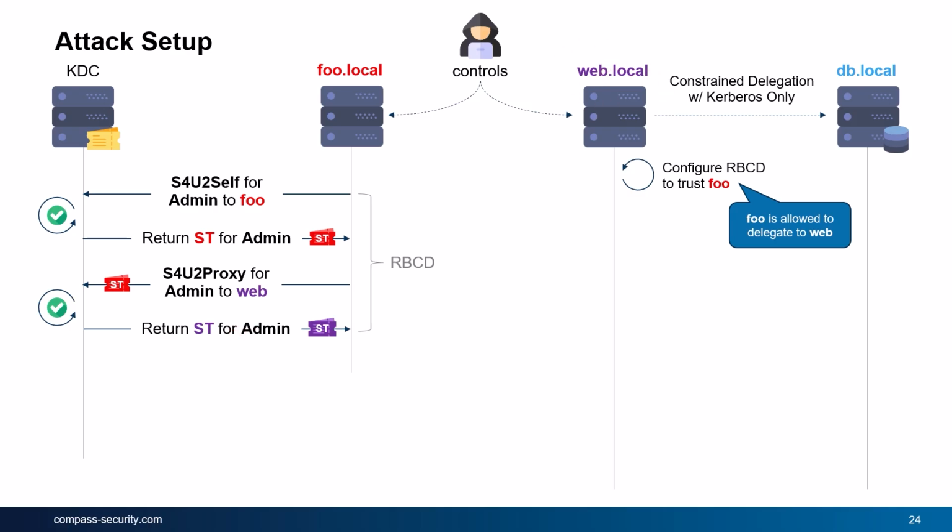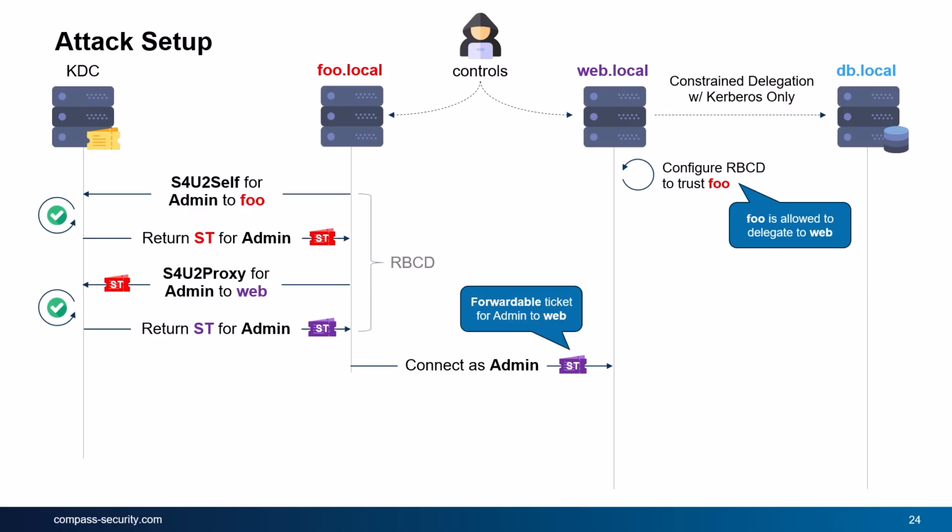And again, this is allowed because we just configured these RBCD permissions ourselves. Now, with this ticket, we can forward it to web.local as if we actually accessed the system over here.